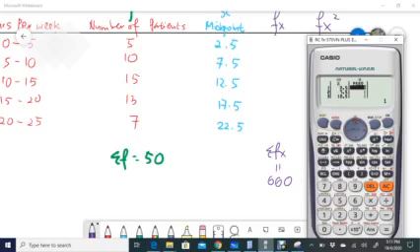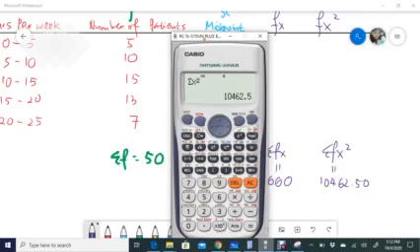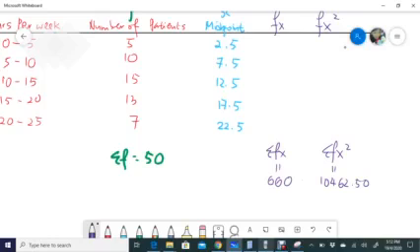Then go to the frequency part: 5, 10, 15, 13, 7. Go and check everything. Once everything is okay, press AC. Again, shift 1, go for 3, then 2, 660. Shift 1, go for sum, go for 1, then you have your answer. I hope both calculators are done.